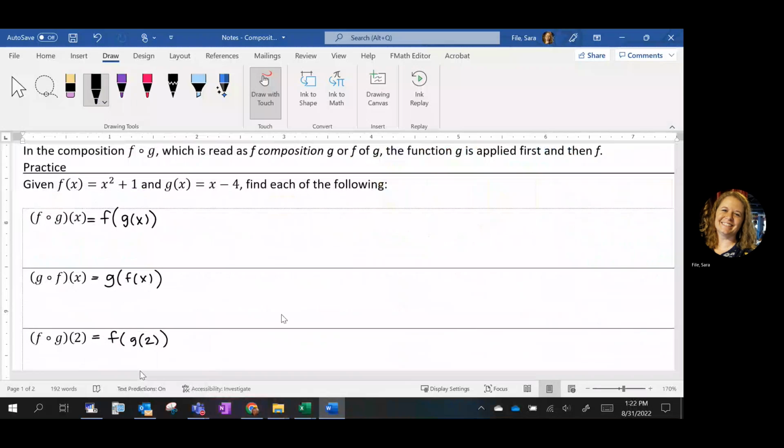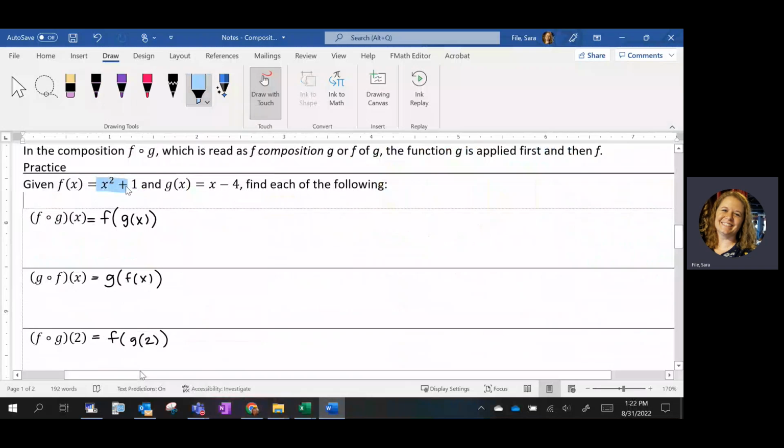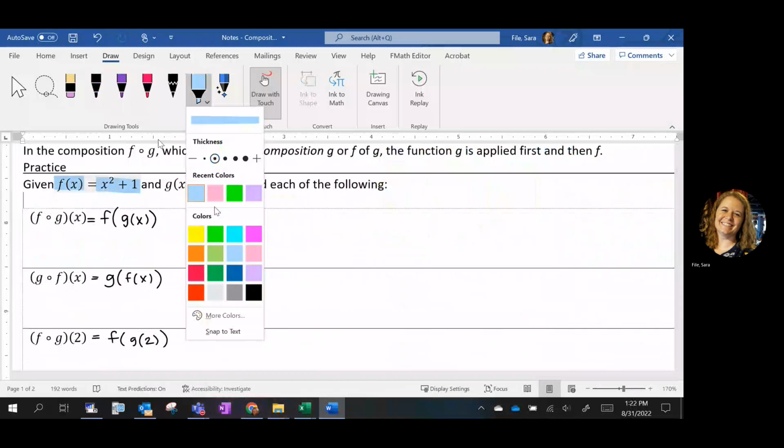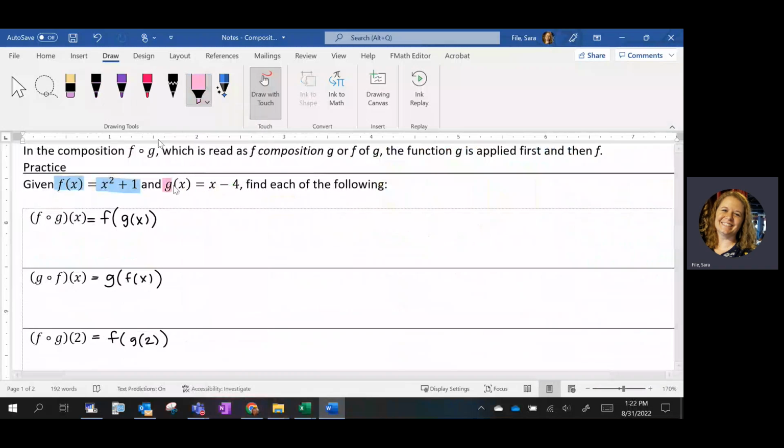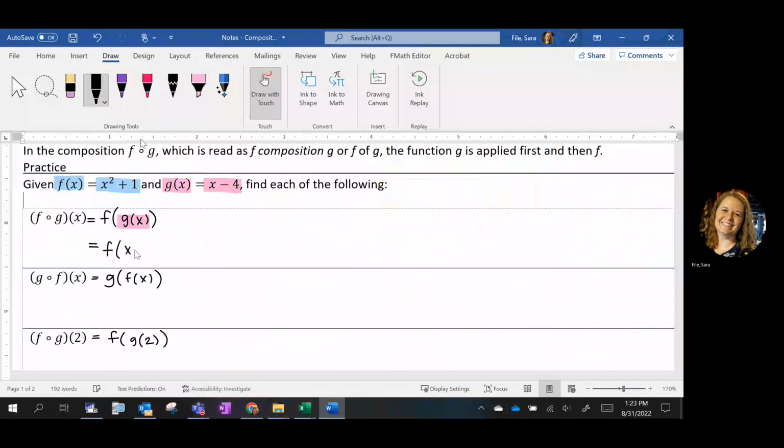All right, so I'm going to color code again. Let's do f of x in blue, g of x in pink. So for this first one, the g of x is the input. You're putting it inside the f function. You don't have to write it this way, but if you wanted to, you could totally replace g of x there with x minus 4.